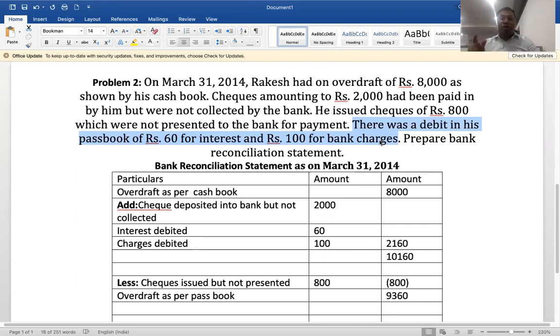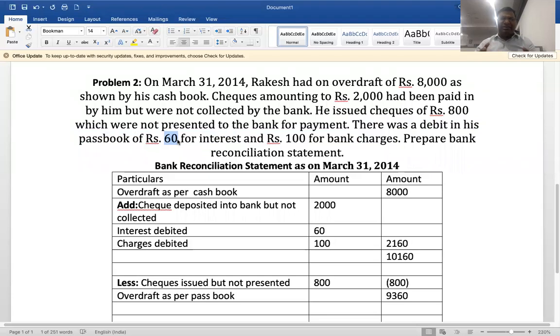Let's say you are owing to the bank 8,000. When you're owing 8,000 and another 100 is added as bank charge, you will add that charge. And not only that, for this overdraft, the bank has charged interest. That is also an expense. Bank is charging the interest and the account maintenance charges.